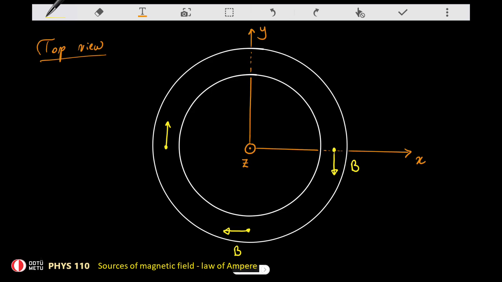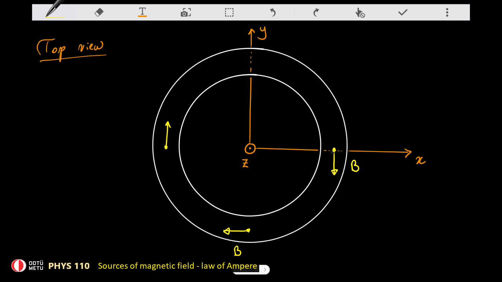Well, can it have any component along the z direction? I think you can also rule this out along the same lines. So as a result, there's actually only one possible direction for the magnetic field.